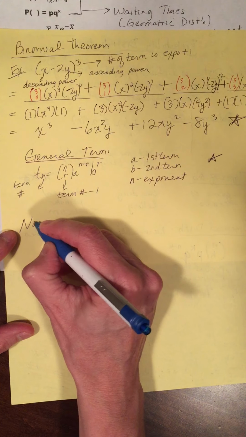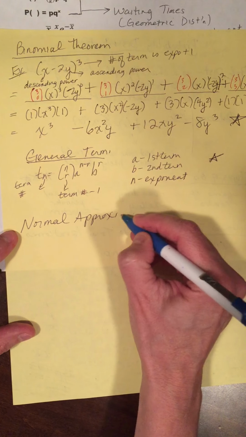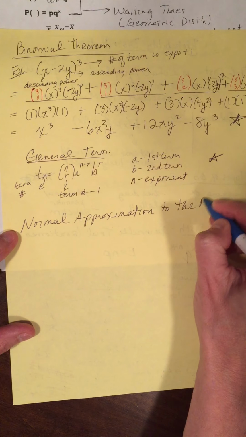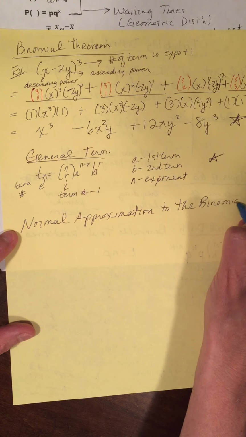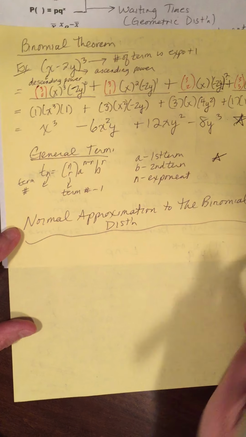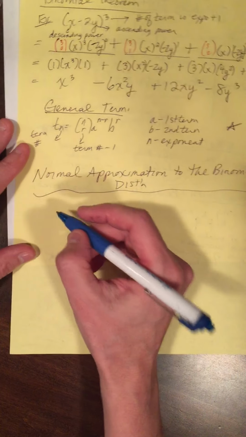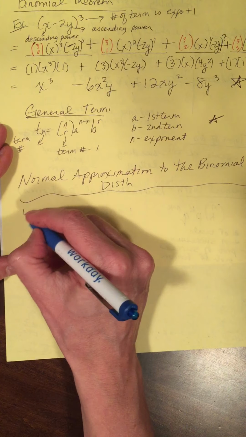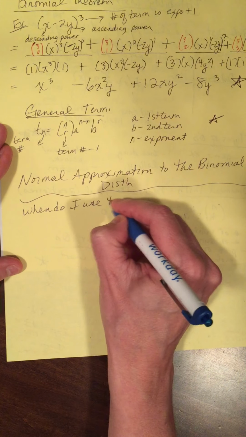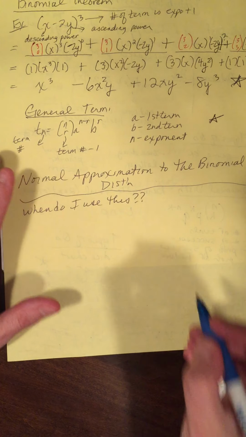Now, next topic, normal approximation to the binomial distribution. And the key here is, when do I use this? When the heck do I do this?